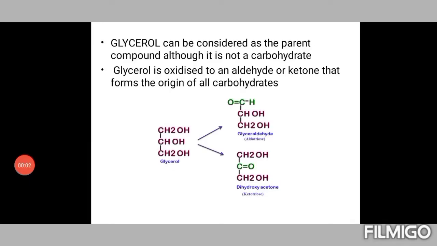When we try to draw the structure of monosaccharides, one of the things you have to remember is the structure of glycerol, with which we are familiar. It's from glycerol that the basic aldotriose, glyceraldehyde, and the basic ketotriose, dihydroxyacetone, are formed through oxidation. Another thing is that the last carbon in any monosaccharide will have the arrangement CH2OH.